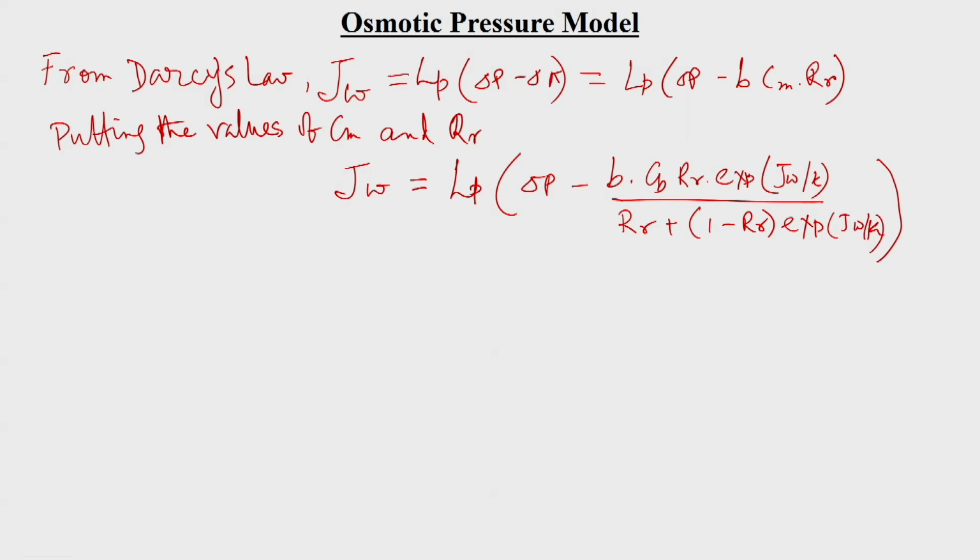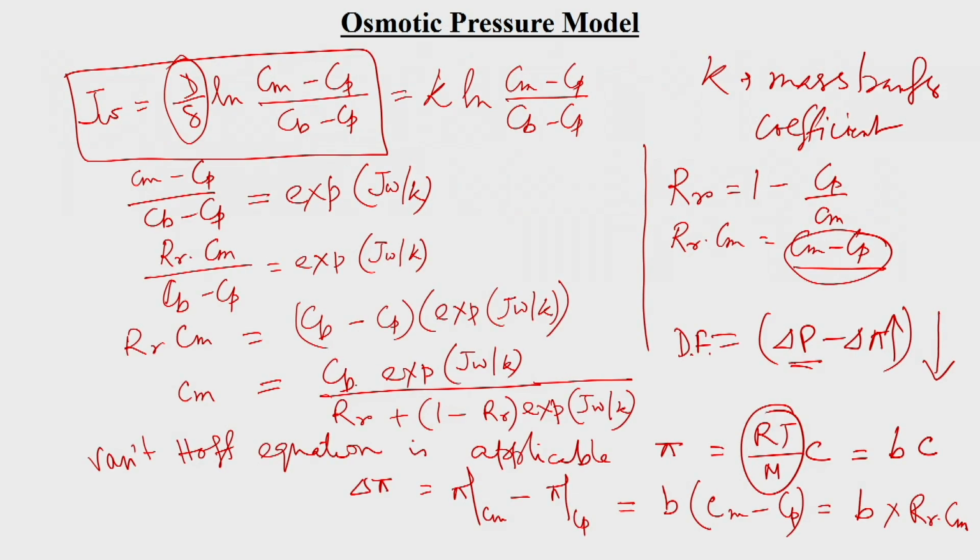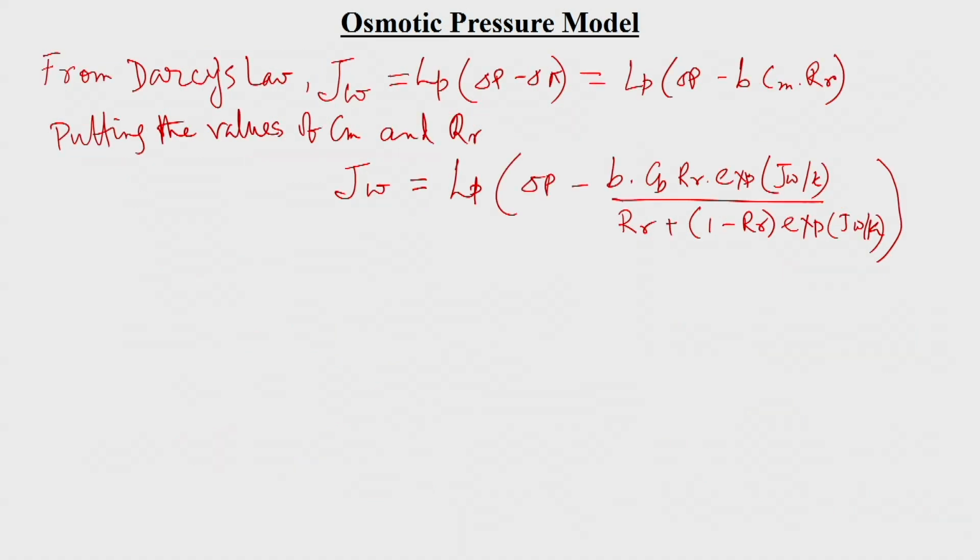Okay. So, from here we can say Jw is equal to Lp into delta p minus B into Cb into Rr into exponential Jw by k by Rr plus 1 minus Rr into exponential Jw by k, where B is taken as RT by m. Okay. So, that is the expression for Jw.